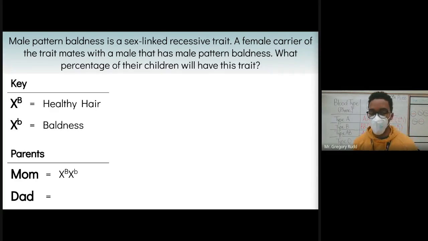X lowercase b Y. Good. Of course, males only have one X chromosome, and then they also have a Y. We know that because in the question it says a male that has male pattern baldness. So he does have that baldness allele, the lowercase b. Okay, now we want to actually do our Punnett square.